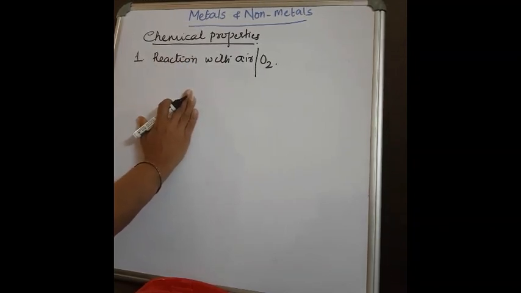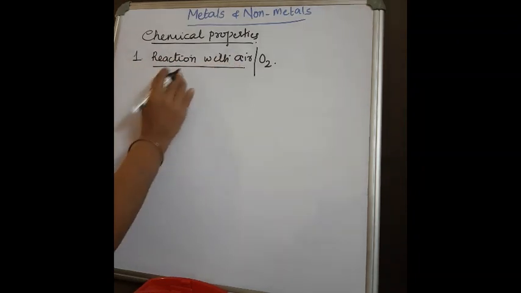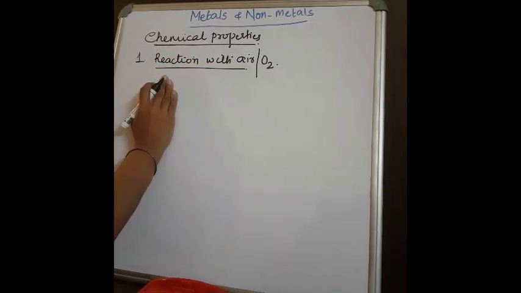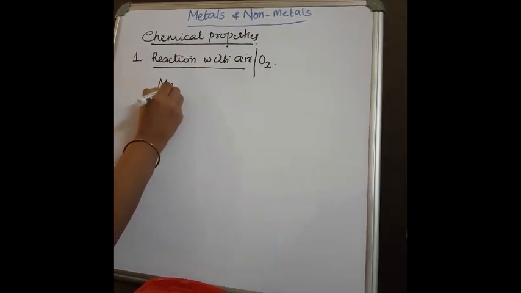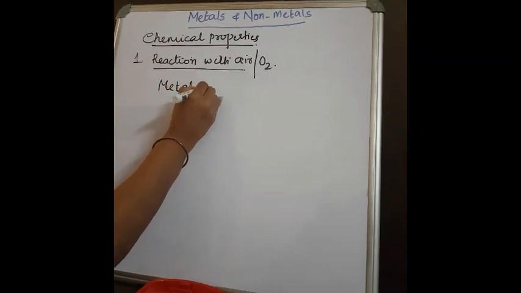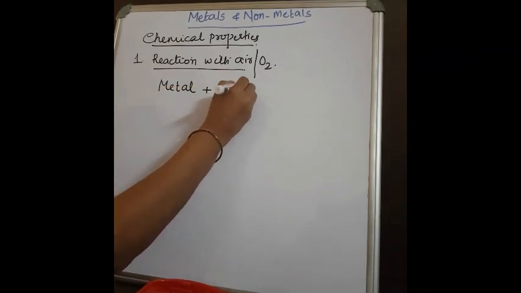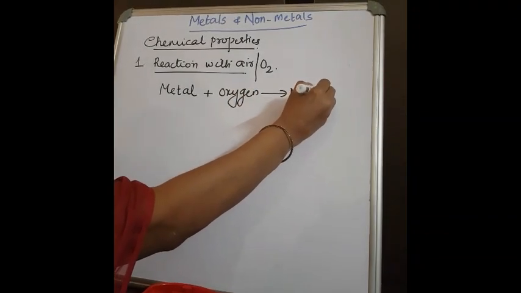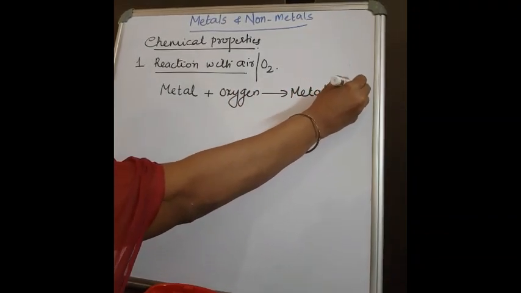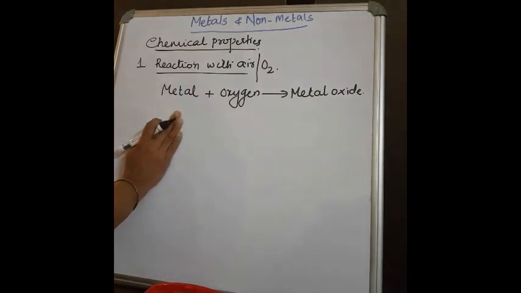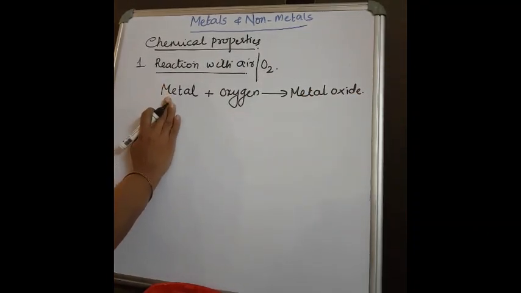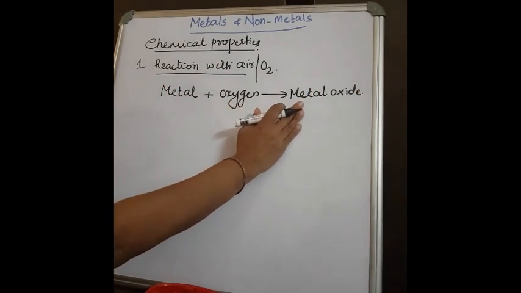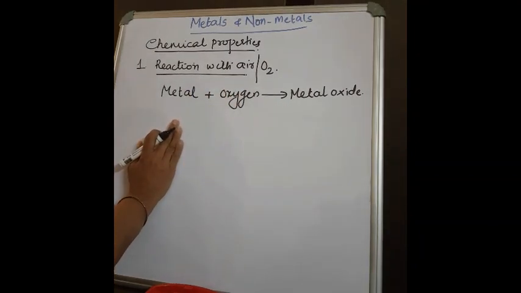Generally, when a metal reacts with air or oxygen, it will form its corresponding metal oxide. Generally all the metals will react with oxygen to form the corresponding metal oxide.